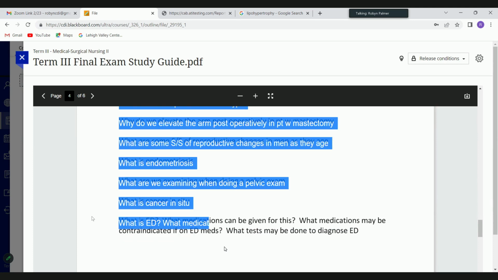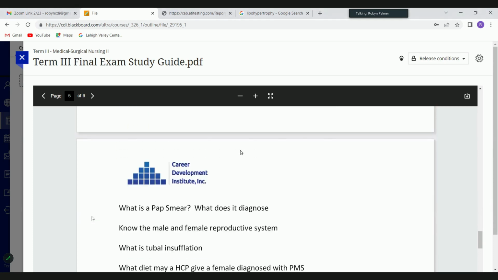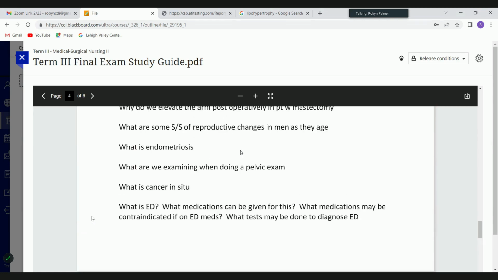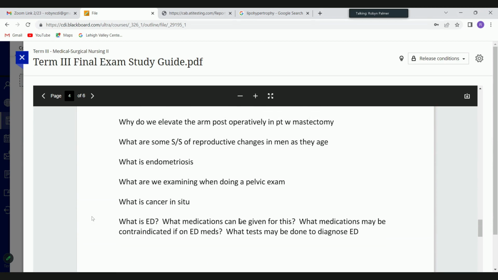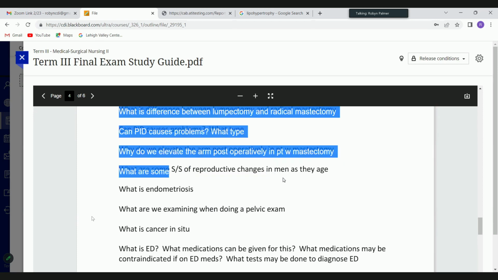I can't really go over it with you because you don't know anything about it. Pap smear, okay, we can go over some of these after class. Some of them we still can do. PID, the mastectomy, we're going to wait. Signs and symptoms of reproductive age changes in men.